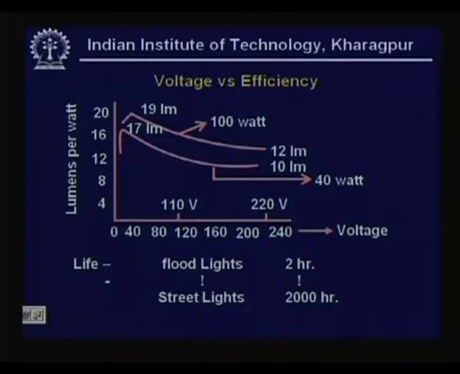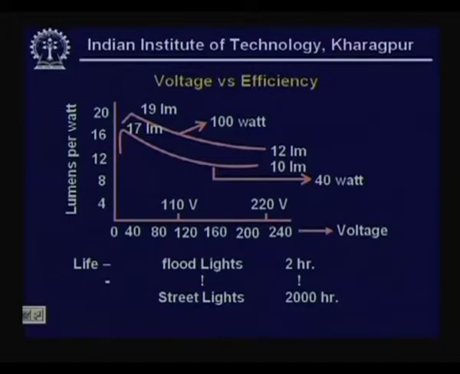That is, we talk in terms of lumens per watt. You can see the x-axis is in voltage. There are two particular voltages marked. One is 110, the other is 220.